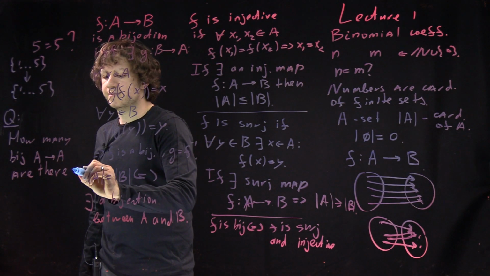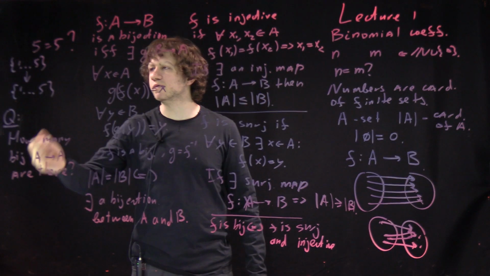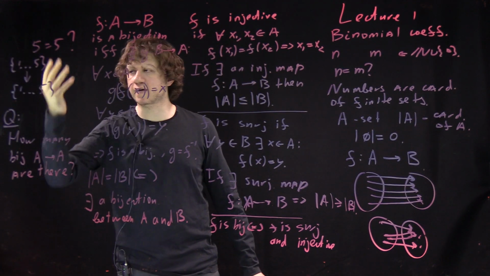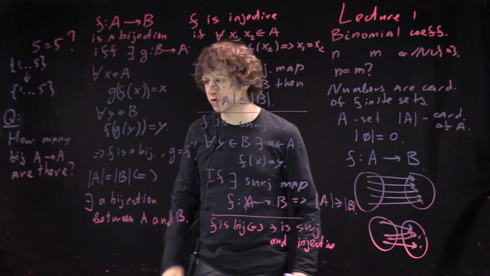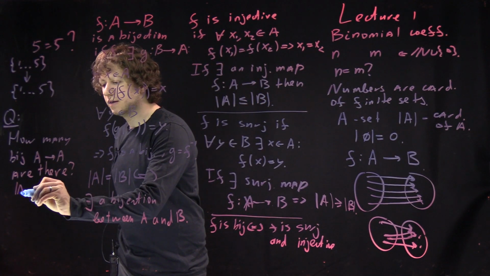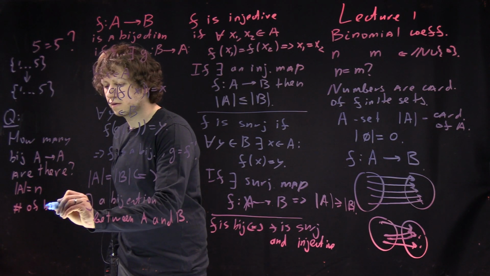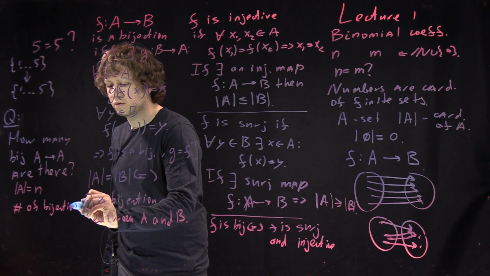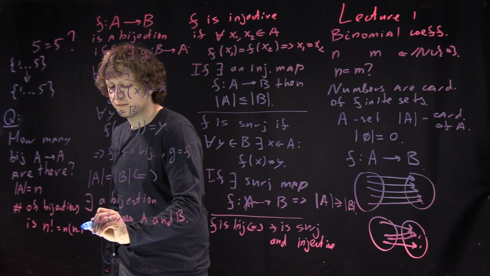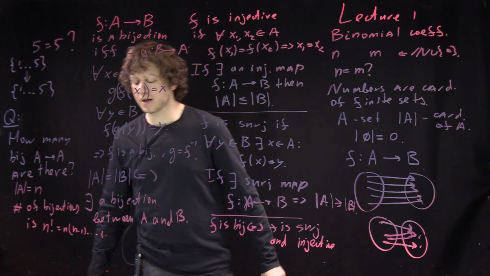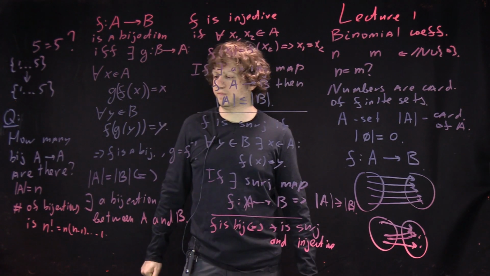So this is some kind of a fundamental question about the universe. So if 5 equals 5, how many different ways are there to identify 5 elements with 5 elements? Okay, so the answer to that is probably well known to you. If the cardinality of A is equal to n, then the number of bijections is n factorial, meaning n times n minus 1 down to 1.